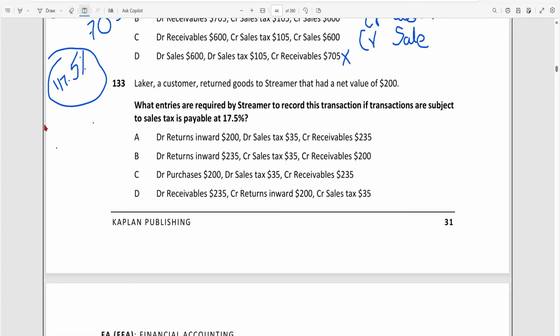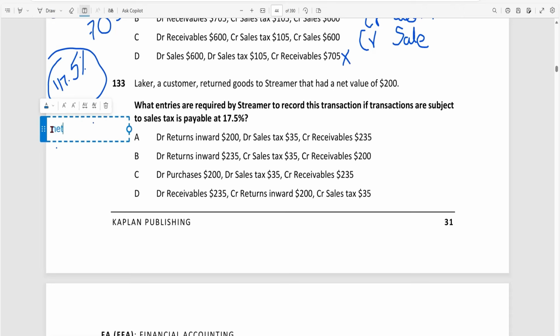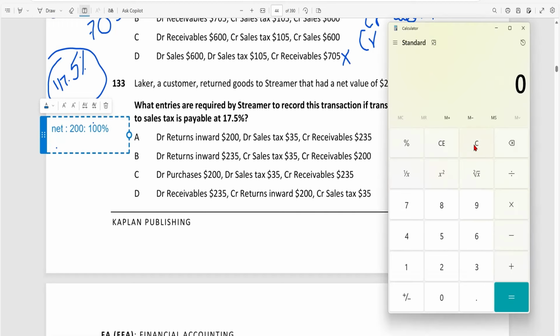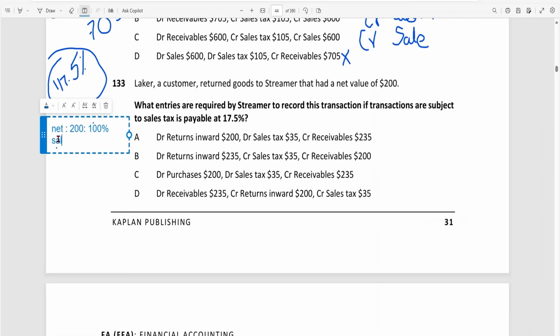Okay, so net value is 200, and this is 100%. If we add VAT, VAT will be 200 times 17.5 divided by 100. So this will give a sales tax of 35. The amount was 35, right?